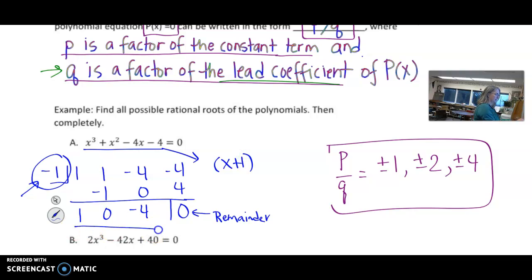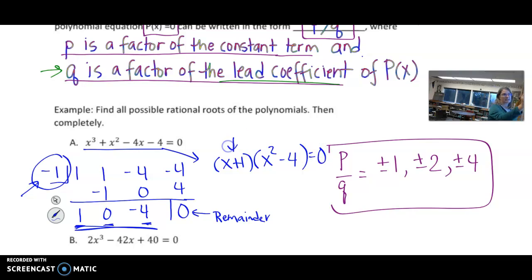Then we multiply by the quotient here, which is my constant, the coefficient of my x term, and the coefficient of my x squared term. So it's going to factor into x squared plus 0x, which I don't need to write, minus 4. And we're going to figure out when this equals 0.